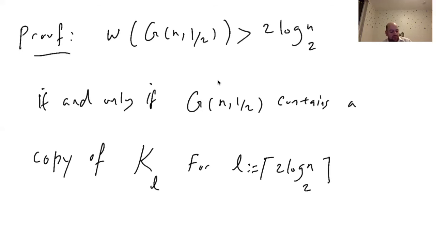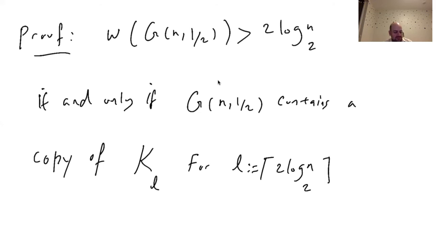The clique number would be bigger than 5.6 if and only if the graph contains a copy of K6, the first integer bigger than 5.6. I just told you the argument for, let's say, clique number bigger than 6, and I justified from both directions that it has to have a copy of K7.